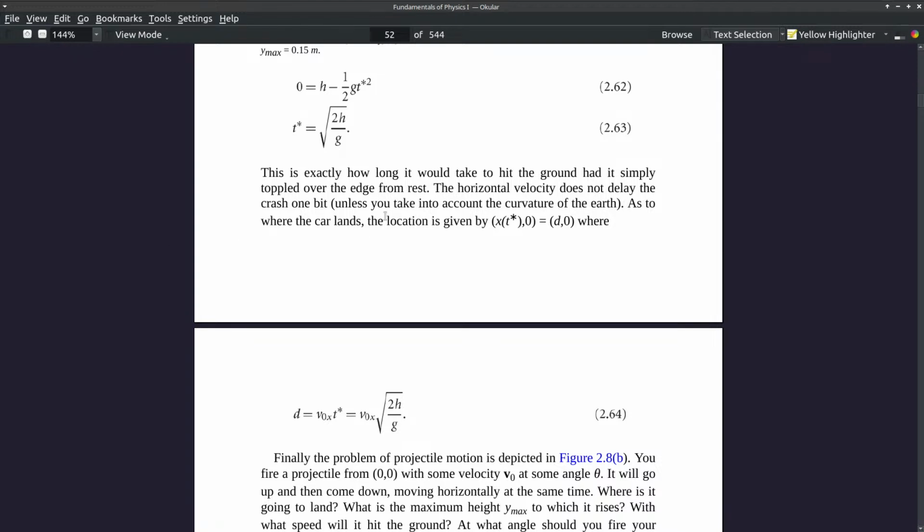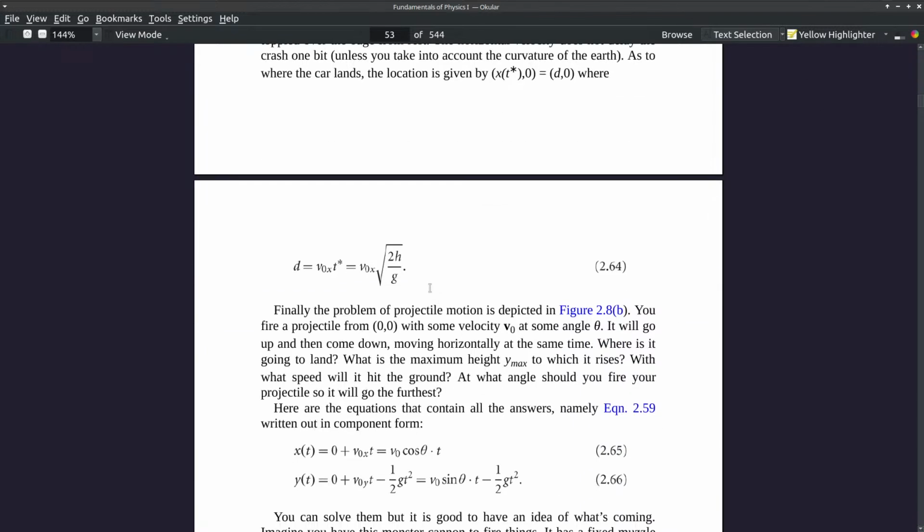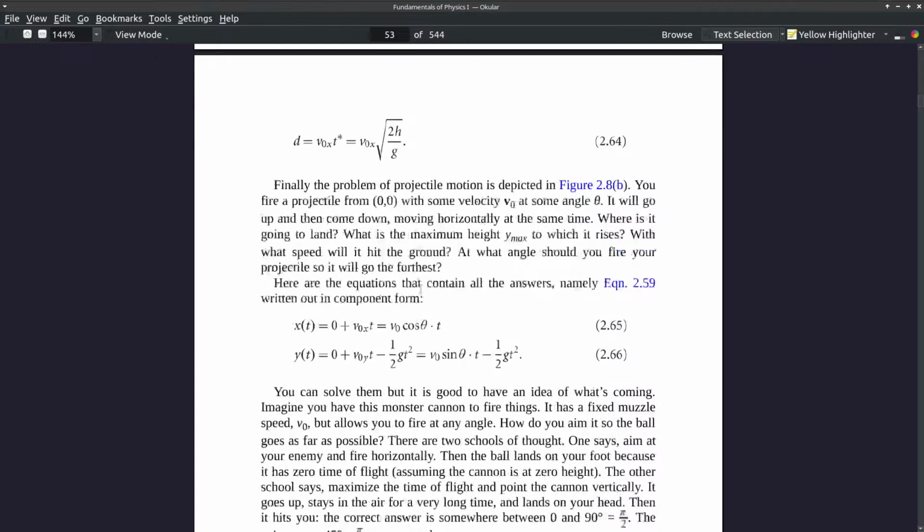As to where the car lands, the location is given by x(t star), 0, and that's going to equal d, 0, where d equals v0x t star, which equals v0x times the square root of 2h over g.